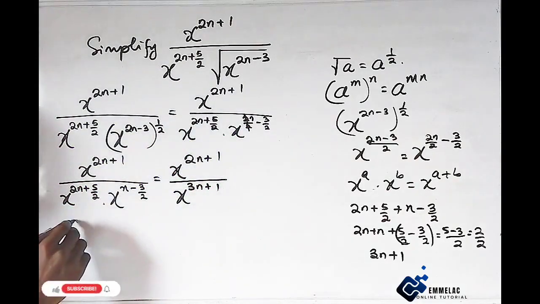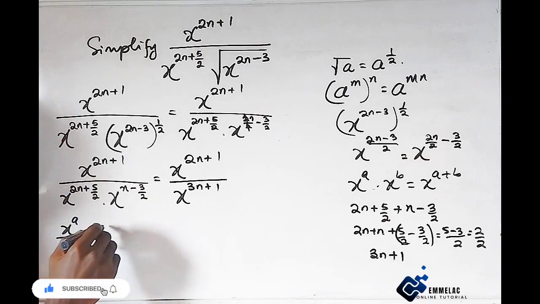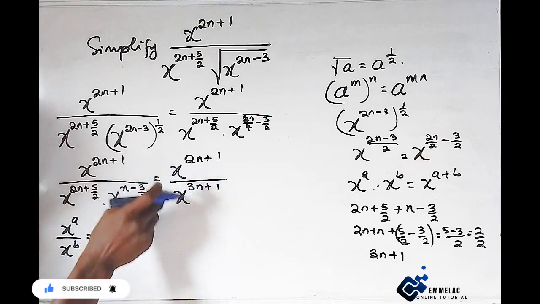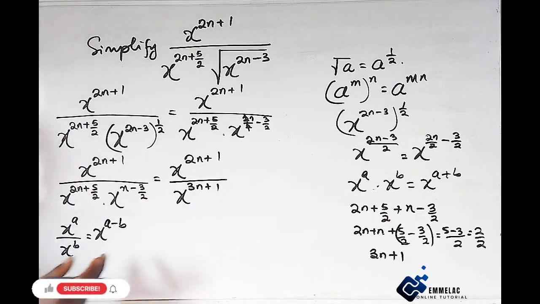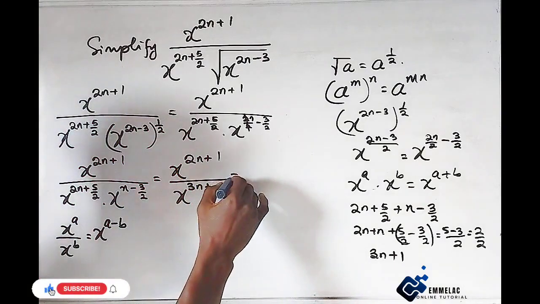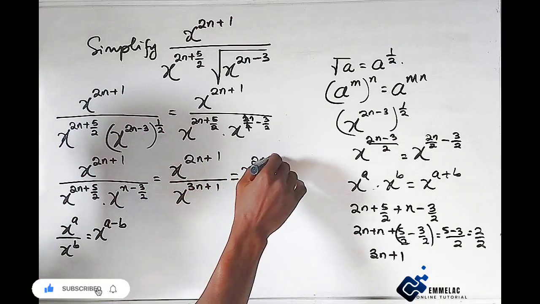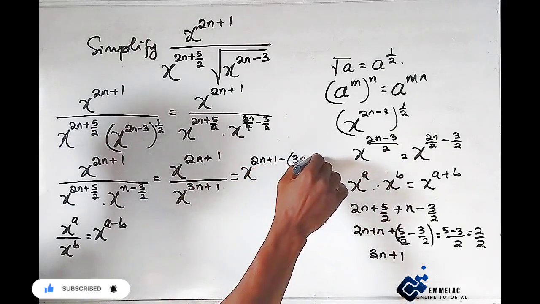According to the law of indices, if you have x raised to the power of a all over x raised to the power of b, so long as they have the same base, we have x raised to the power of a minus b. If you look at this expression, it's the same thing. So this is x raised to the power of 2n plus 1, minus into bracket 3n plus 1.